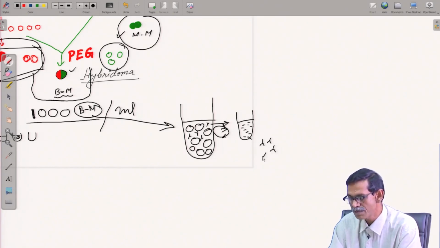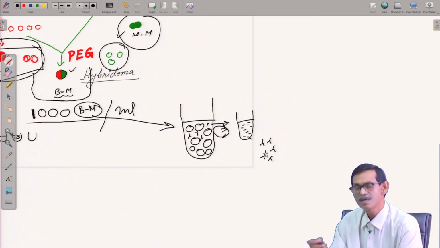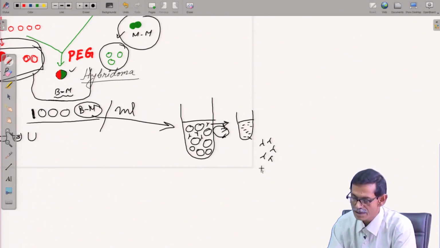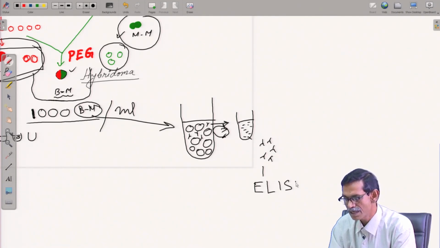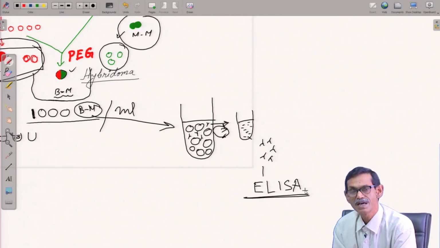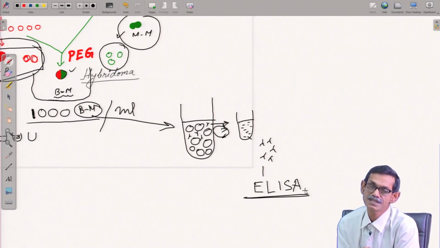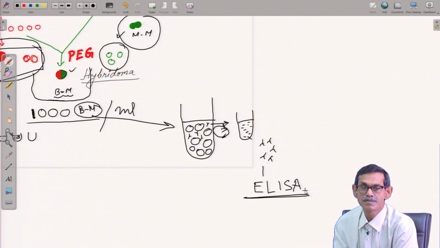So, whether that antibody is against my protein or antigen of interest or not, what I can do? You know that now. This is simple ELISA. Okay. So, if I do ELISA, if the ELISA is positive, then I can say that is the real well from where my cell.